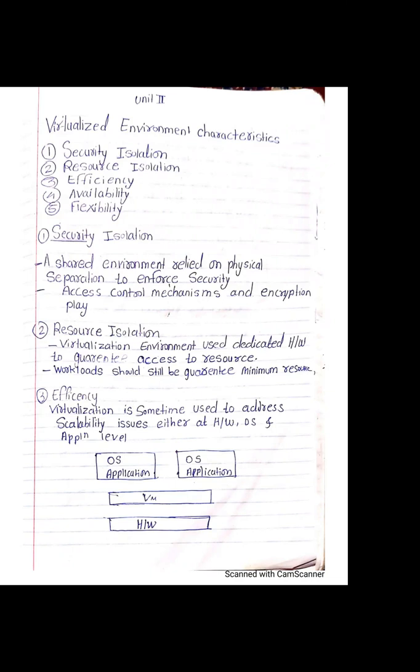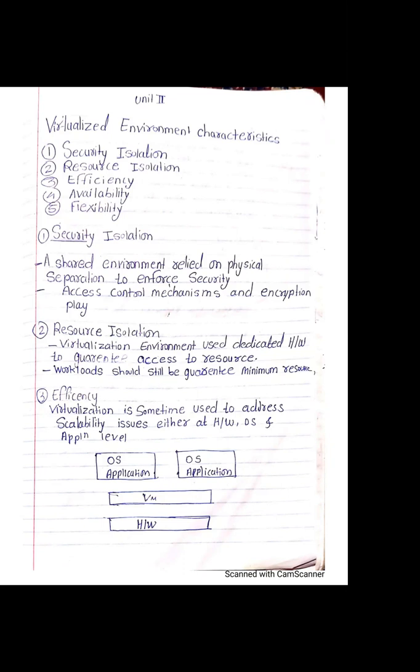The first characteristic of virtualization is security isolation. Security is provided to your system, and it should be isolated. A shared environment relies on physical separation to enforce security. So here in virtualization there should be a shared concept, because with the help of one single system you are going to create multiple images.